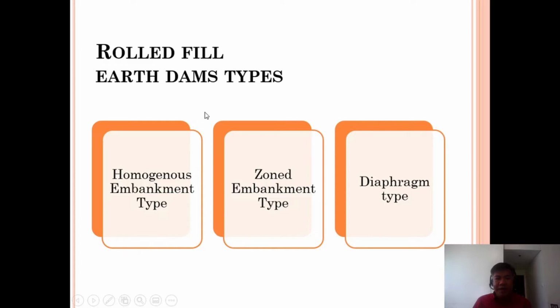The rolled fill earth dam types can be homogeneous, can also be of zone embankment type, or a diaphragm type. The first one, which is homogeneous, means the material is just one material.